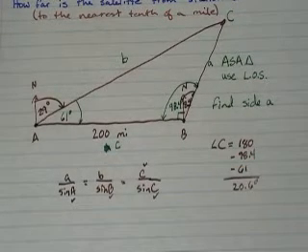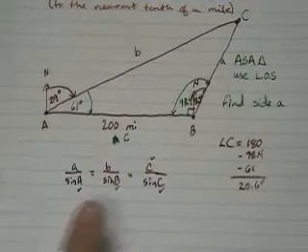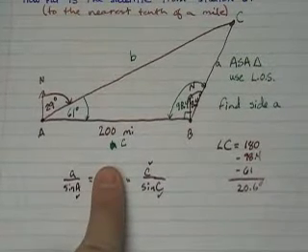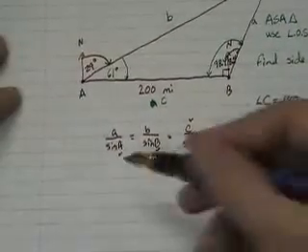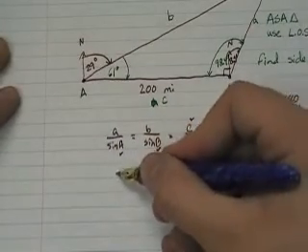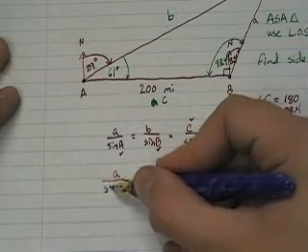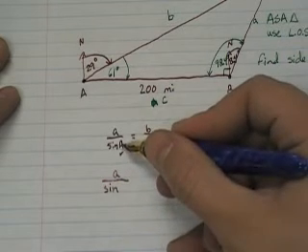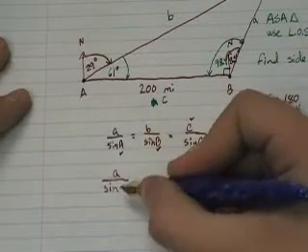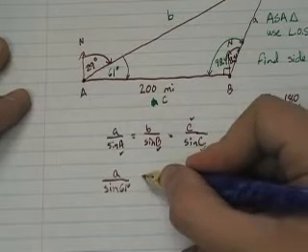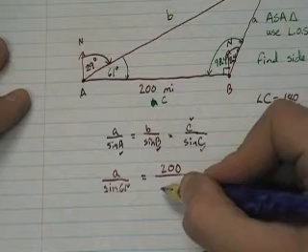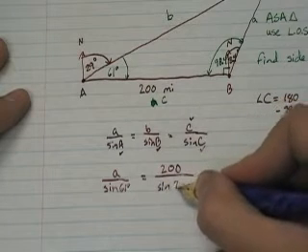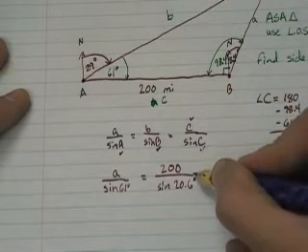So now I know the sine of C. So I can use either of these equations, and I'm going to choose to use this equation because I want to find side A. So I rewrite this. A over sine, and instead of using the letter A, I'm going to plug in what I know, which is 61 degrees, equals 200 over the sine of 20.6 degrees.